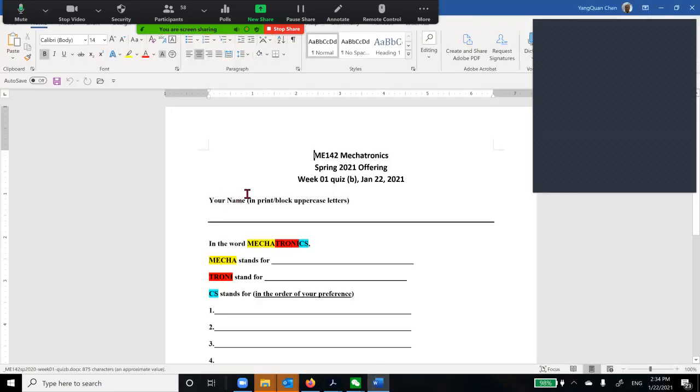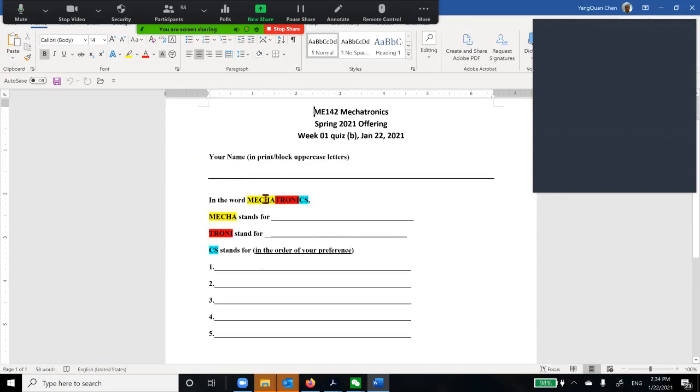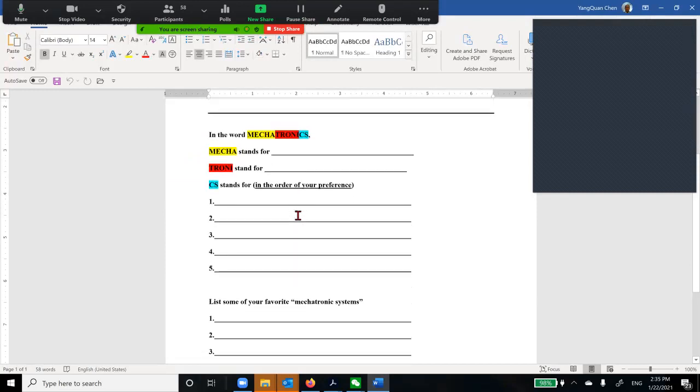So basically, I hope you understand everything. So you know that mecha is mechanical, tronics is electronics, and CS stands for control systems, computer systems. Okay.